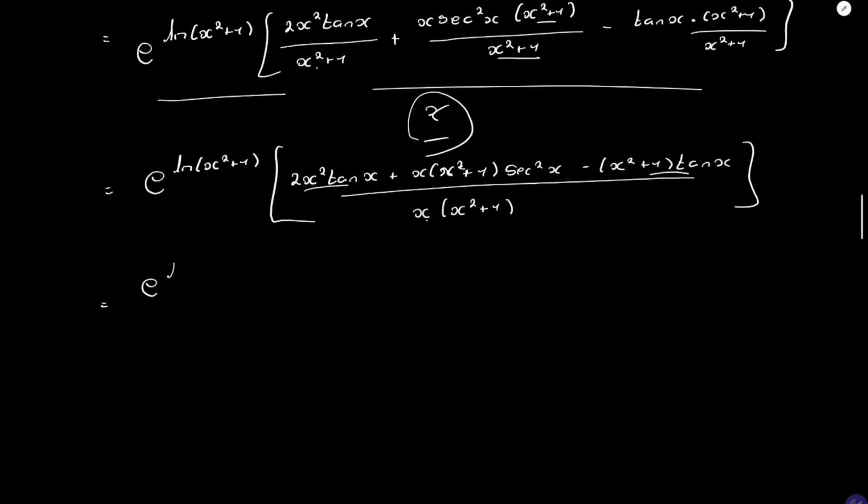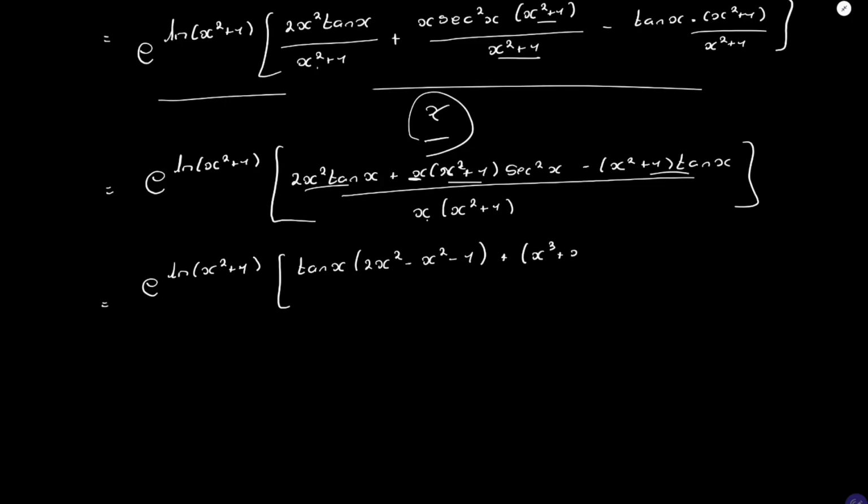This leaves us with e to the ln of x squared plus 1 in bracket, tan x was remaining, 2x squared minus x squared minus 1, plus we can send this x into the bracket, leaving us with x cubed plus x sec squared x divided by x into x squared plus 1.